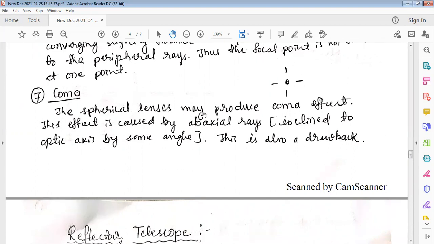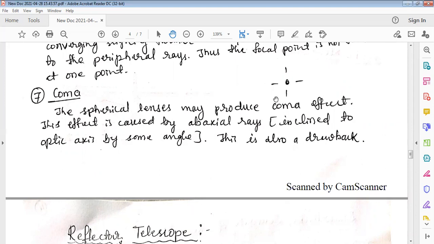Spherical lenses may produce a coma effect, and this effect is caused by abaxial rays. Abaxial rays are those which are inclined to the optic axis by some angle. So this is also a drawback.